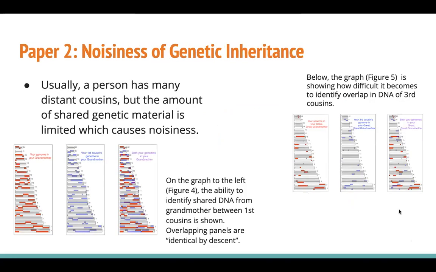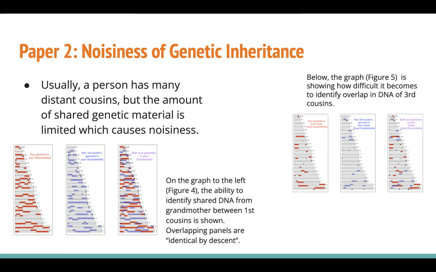The second phenomenon discussed in the paper was the noisiness of genetic inheritance. It states that usually a person has many distant cousins, but the amount of shared genetic material is limited, which causes noisiness. Figure 4 is on the bottom left, and it shows the ability to identify shared DNA from a grandmother between first cousins, which is identical by descent.